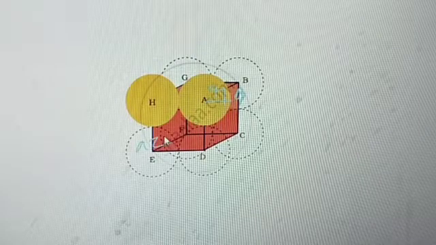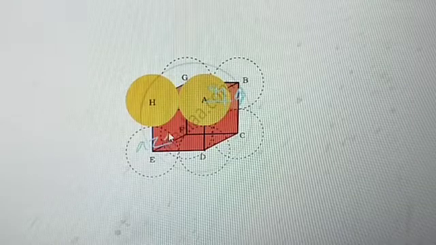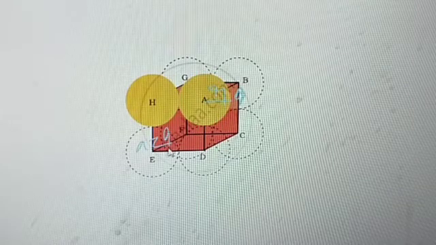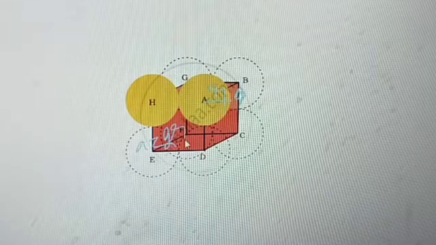That means the side of the cube is twice the radius of the sphere. A is equal to 2R.